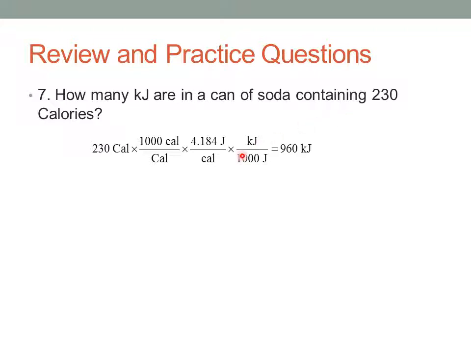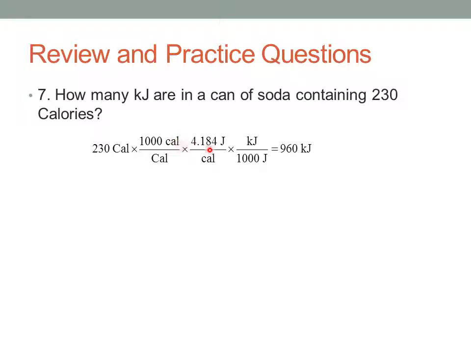We would first convert our nutritional calories, again that's the capital C, into calories. There are 1,000 calories in a nutritional calorie, so the capital letter C calories would cancel. We can then convert to joules using the conversion of 4.184 joules per calorie, and again notice the calories would cancel.